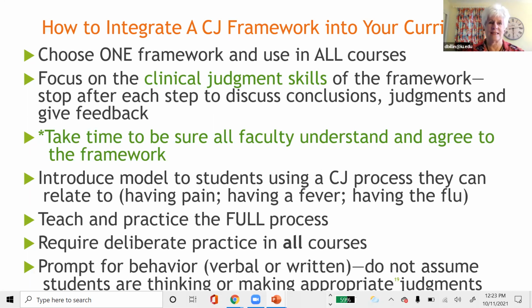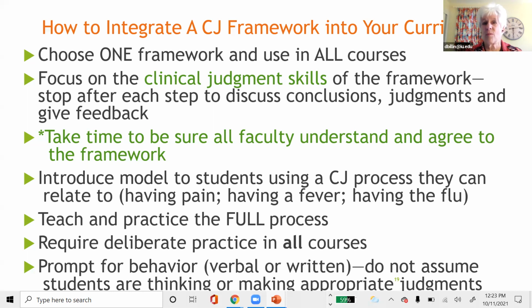So I think it's easiest, this is me, to use one of these frameworks. You can see how they align, and if for some reason it's not possible that everybody gets on board, weigh that, but the consistency of a framework is what's going to help the students get there. And I think this can be used in almost all courses.